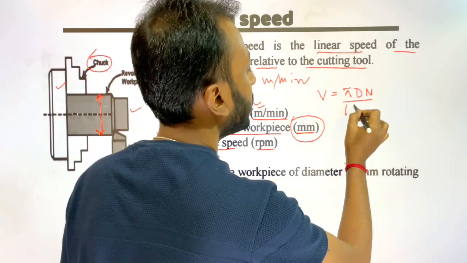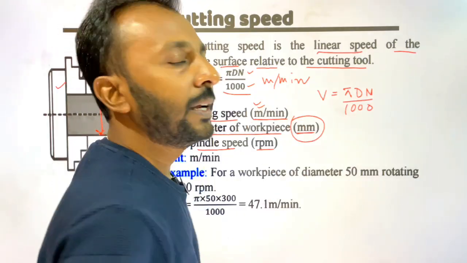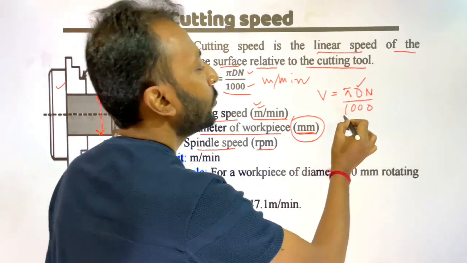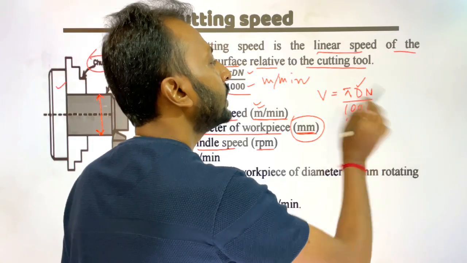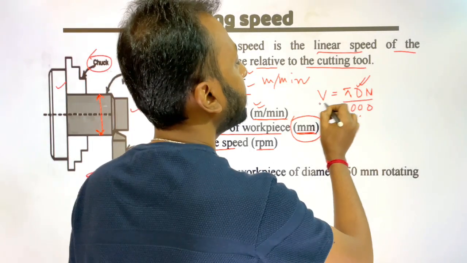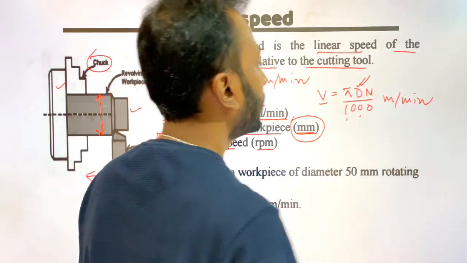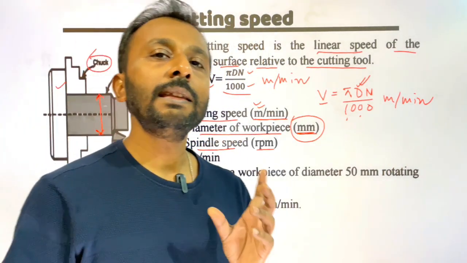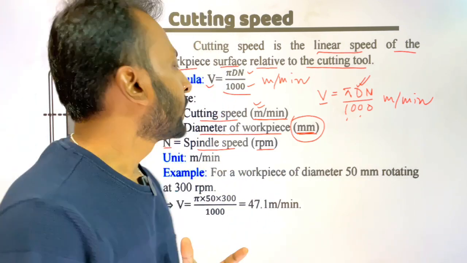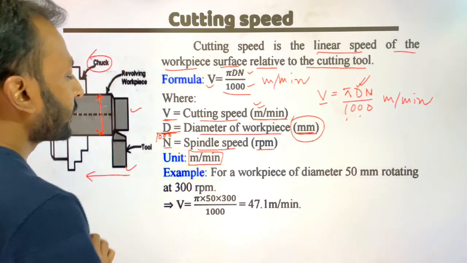That's why the 1000 is used. It is directly converted by this formula. D is in millimeter, we divide it by 1000 and it is converted to meter. That's why V, the cutting speed, is in meter per minute. So when we are doing any numericals, we don't have to convert the diameter into meter. The unit of the cutting speed is meter per minute.